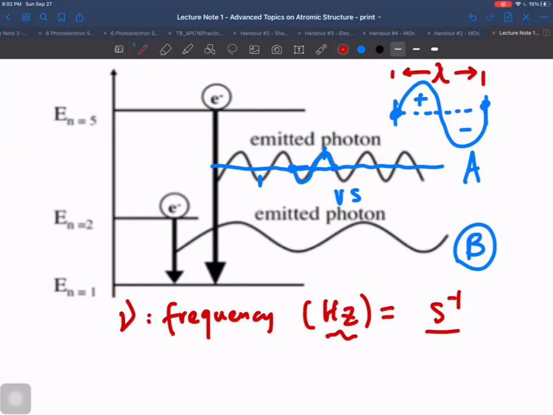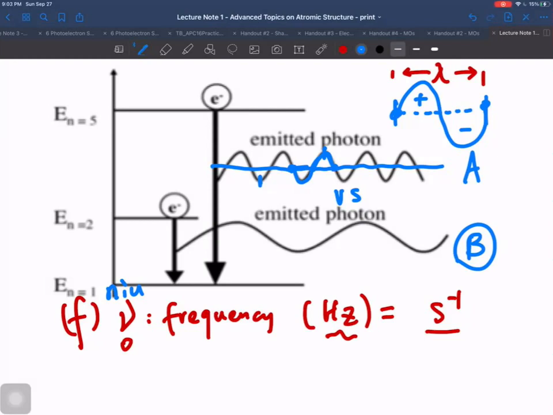You probably see something like F in physics to represent the frequency. But in chemistry, we prefer to use nu. And this is not V, this is a nu. Very interesting. This is a Greek letter, I believe. It has a pronunciation like new.